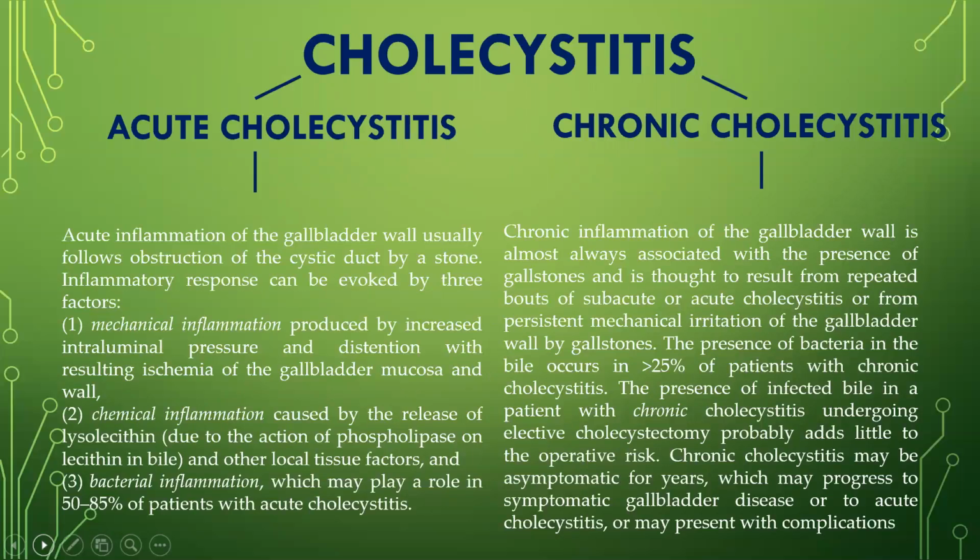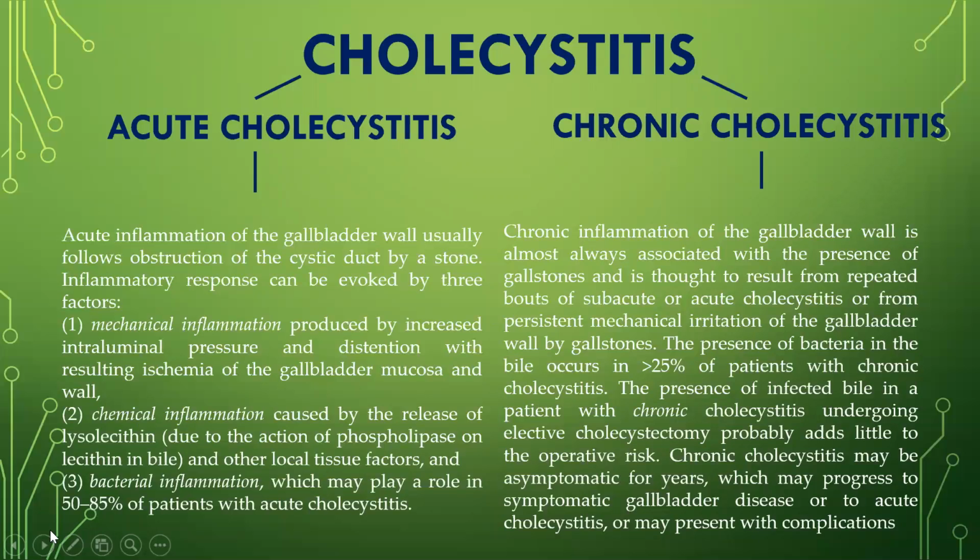The inflammatory response can be evoked by three factors: mechanical inflammation produced by increased intraluminal pressure and distension with resulting ischemia of the gallbladder mucosa and wall; chemical inflammation caused by a release of lysolecithin due to the action of phospholipase on the lecithin in bile and other local tissue factors; and bacterial inflammation, which may play a role in more than 50% of patients with acute cholecystitis.